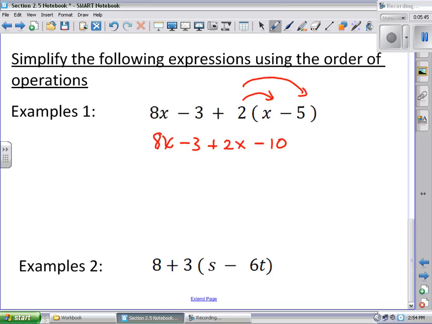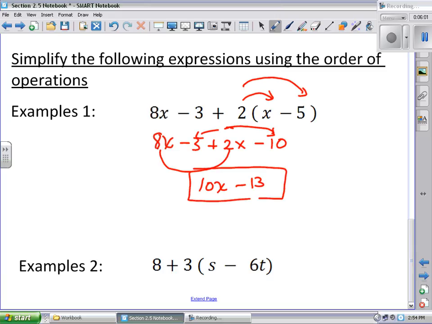And now I'm going to combine the like terms. 8x plus 2x would be 10x, and negative 3 and negative 10 would give us negative 13. 10x minus 13.